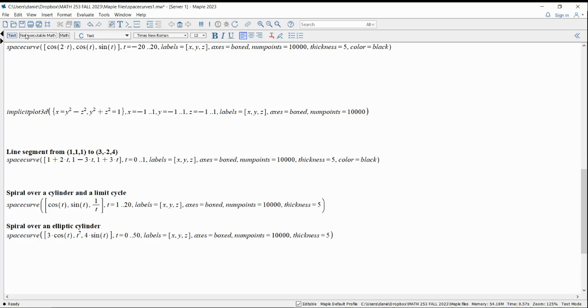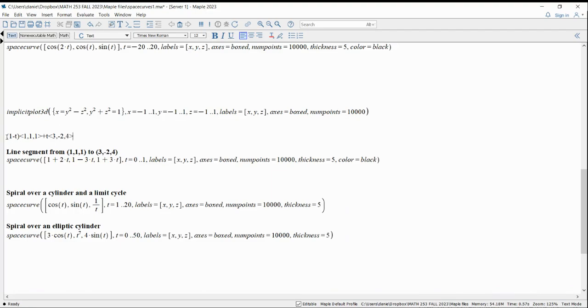On paper, remember the formula is the scalar 1 minus t times the vector that points to the first point, plus t times the vector that points to the second point, 3, minus 2, 4. Again, remember, don't confuse the vector that points to a point with the point itself.